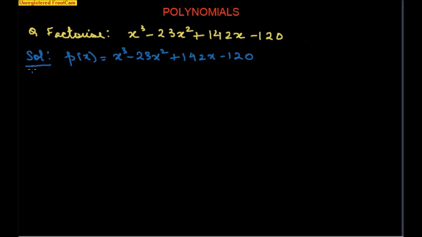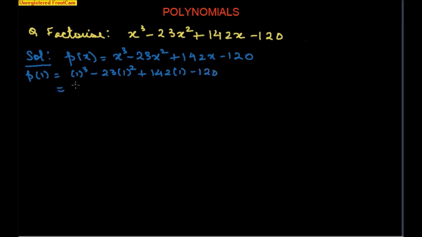First find out the first 0 of this polynomial by factor theorem, that is hit and trial. I put x as 1. When you put x as 1, you get 1 cube into 1 minus 23 into 1 square plus 142 into 1 minus 120.